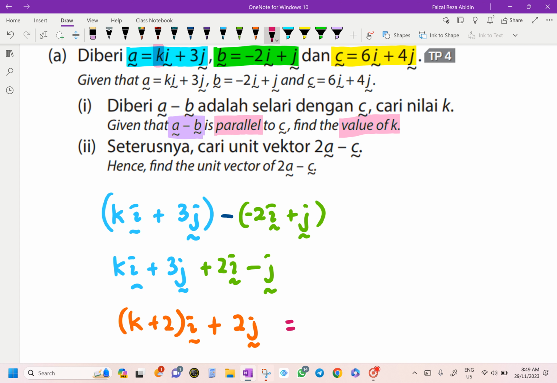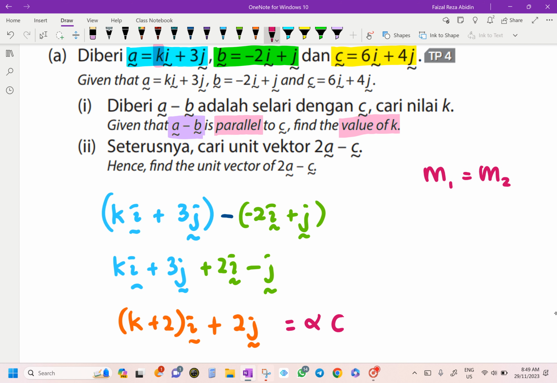Okay. But there's one more, we want to use k. What do we use? Another variable that we are going to have over here. Okay. Alpha. Alpha C. Why? Because it tells us what? m1 equals to m2, right?